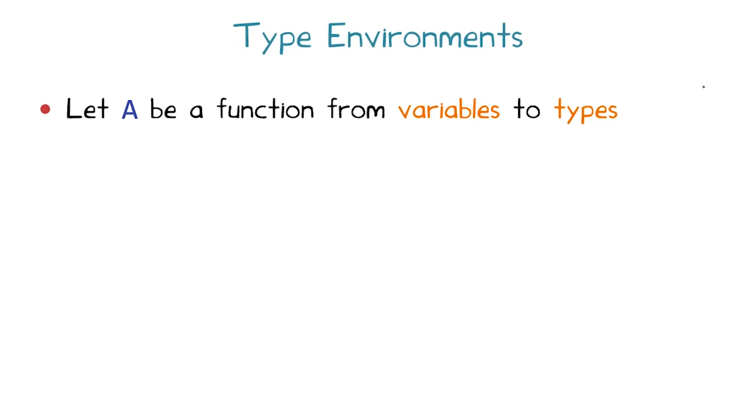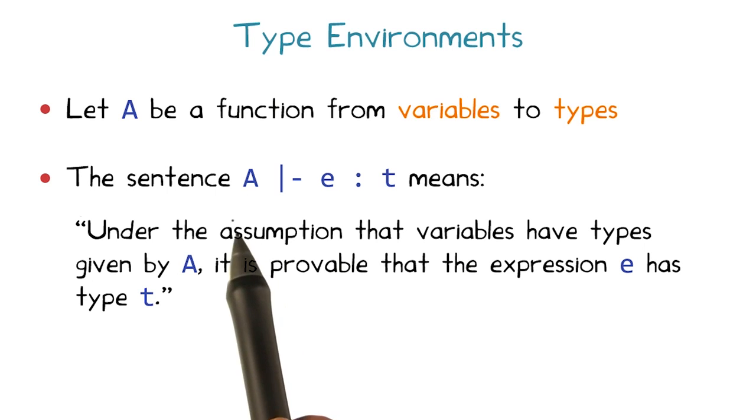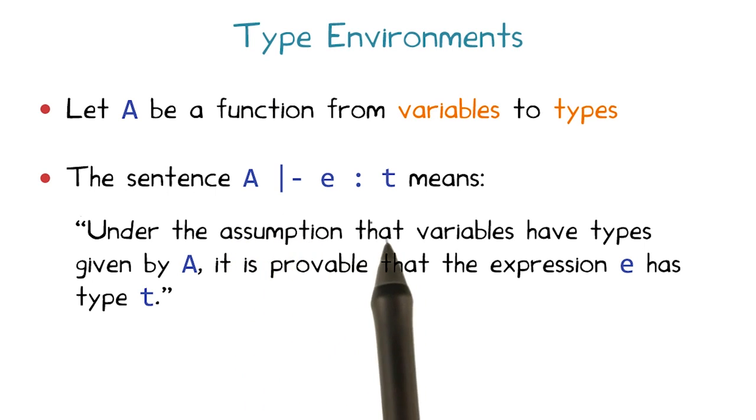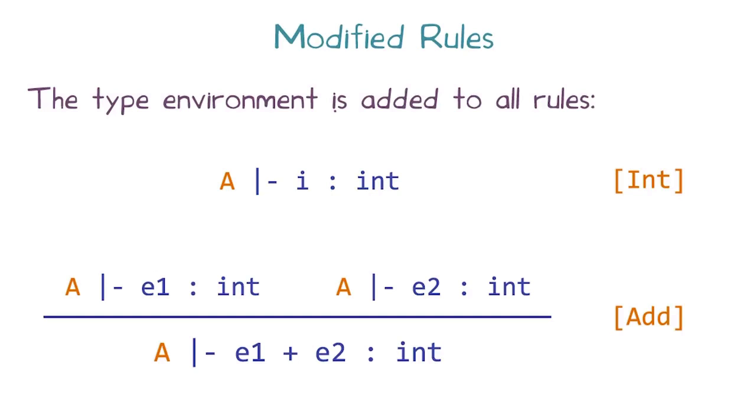Let's use the letter A to represent our environment, that is, our function from variables to types. We'll use the notation A pipe-e : t to mean, under the assumption that variables have the types given by A, it is provable that the expression E has type t. Let's modify our previous rules, int and add, to include the type environment before the pipe symbol.